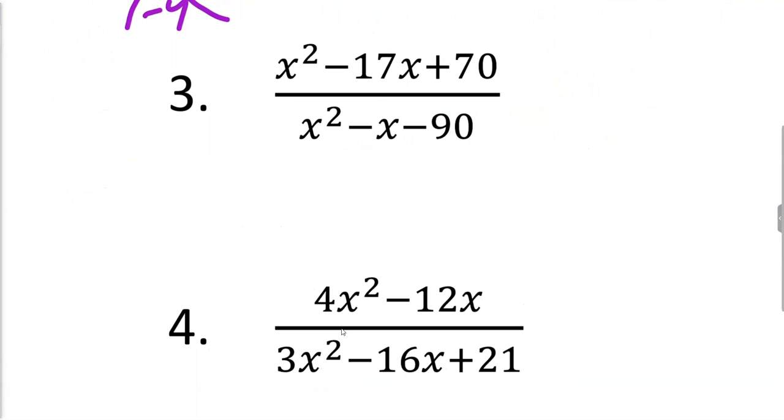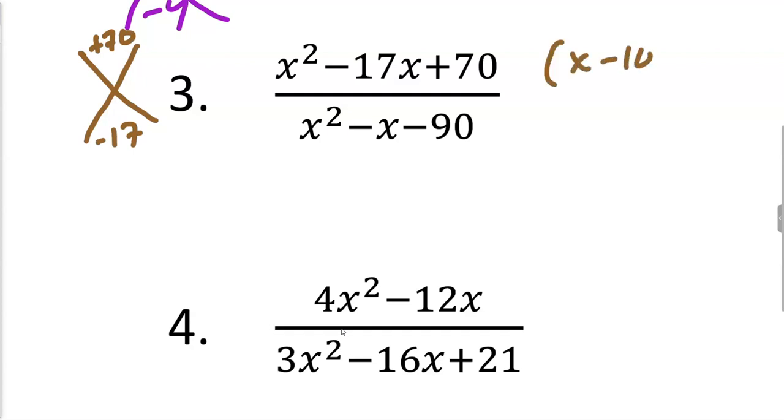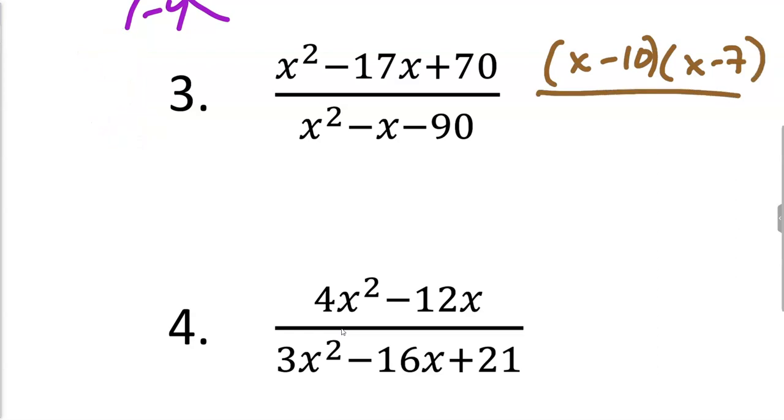This is both big X's, right? So you guys, what multiplies to make positive 70 and adds to make negative 17? Yeah. And if you can do this without making the X, great. It goes that much faster, you know? And what multiplies to make 90 and subtracts to make 1?